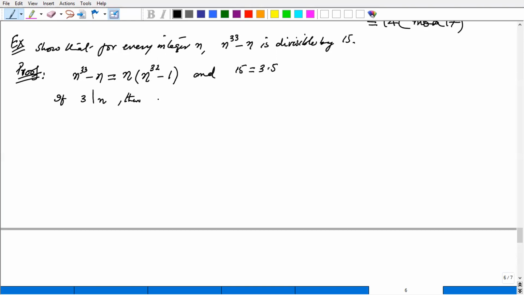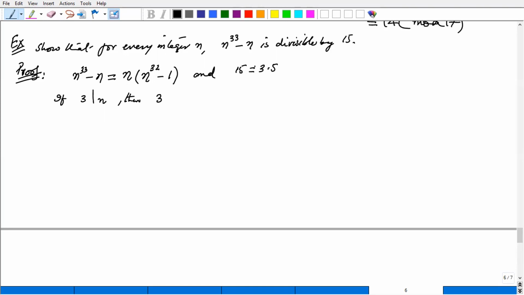To show that 15 divides the expression n to the power 33 minus n, we will show it in parts.